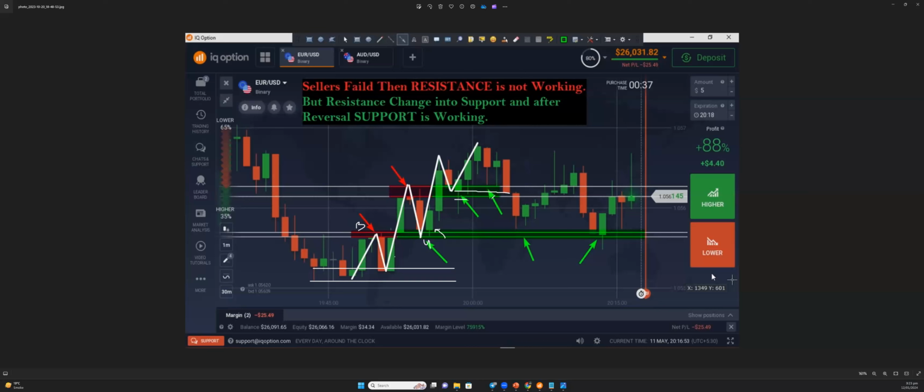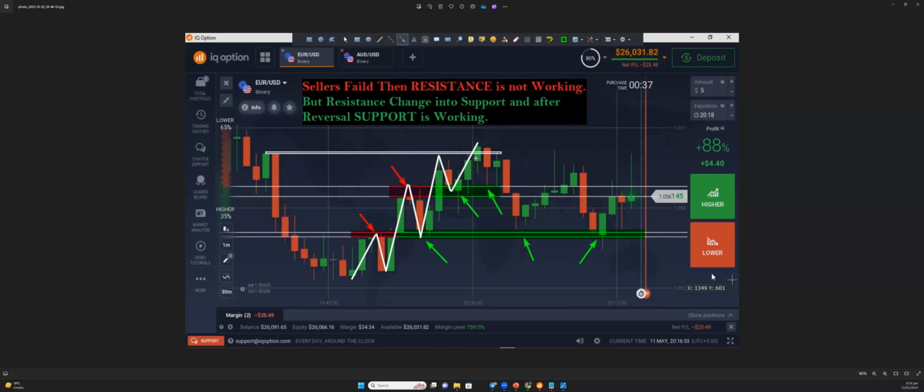This support, why did it not work? We have a reason. If we understand this green candle, it broke this resistance level. For example, when any level is breaking, what can we expect from this breakout? That the buyers may continue. But the buyers fail to continue.